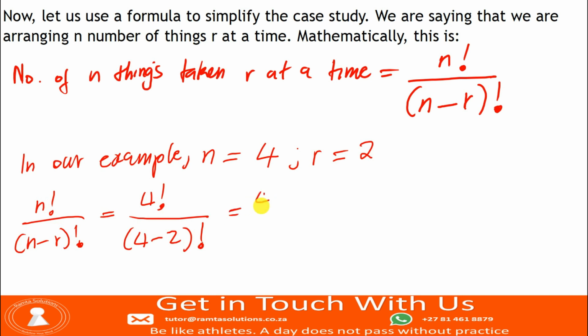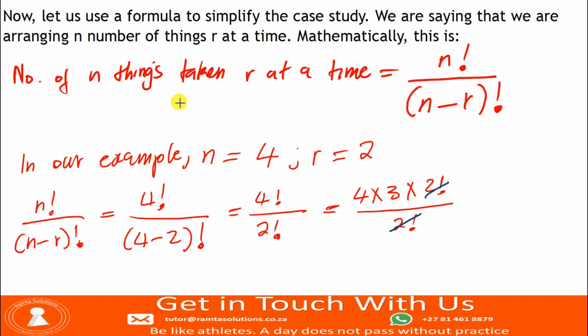What is this? 4 factorial over 2 factorial. Remember, 4 factorial is similar to saying 4 times 3 times 2 factorial, because I see 2 factorial at the denominator. Therefore, the 2 factorials cancel.